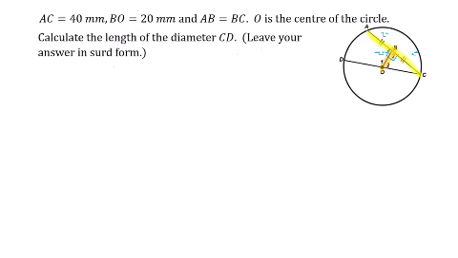Because B2 is 90 degrees and B1 is also 90 degrees, now we are going to calculate the length of this unknown side, the value of CD.